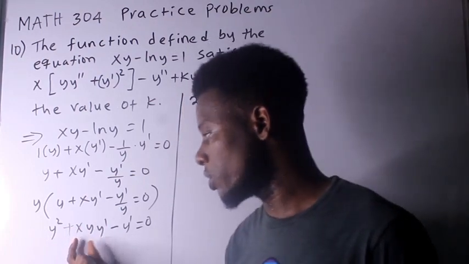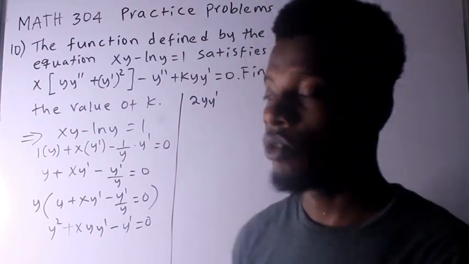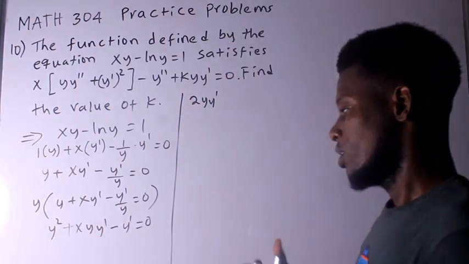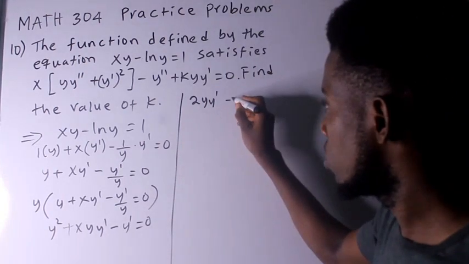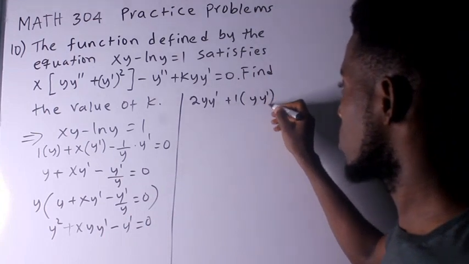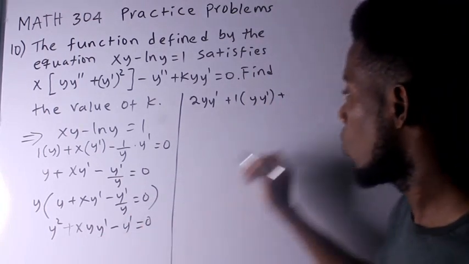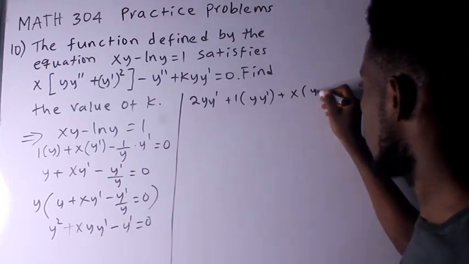Now we have three expressions here, x, y, y prime. These are products, right? Three expressions have been multiplied, so we use the product rule. We differentiate x, that's 1, and then we hold y y prime constant, plus we hold x y prime constant and differentiate y, that's y prime.